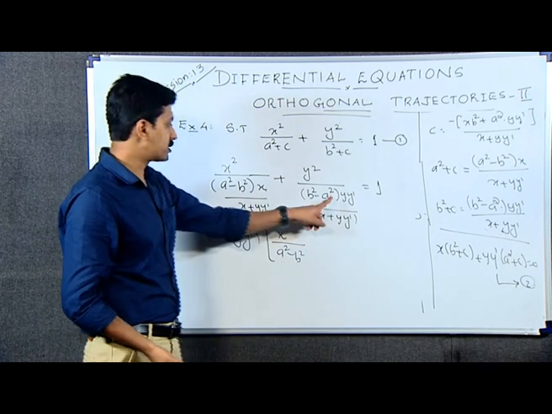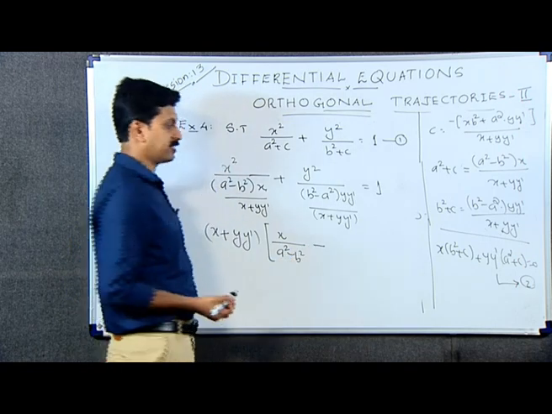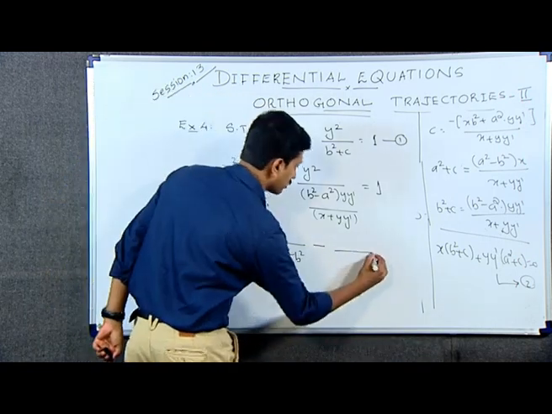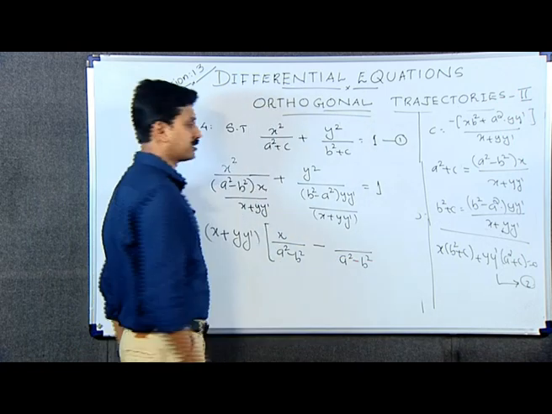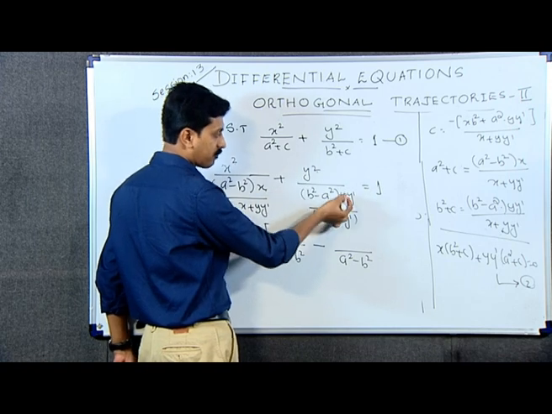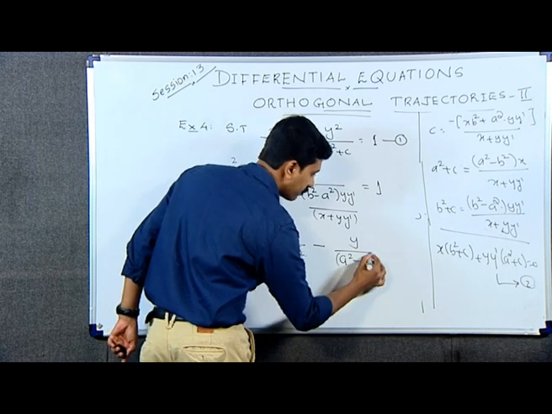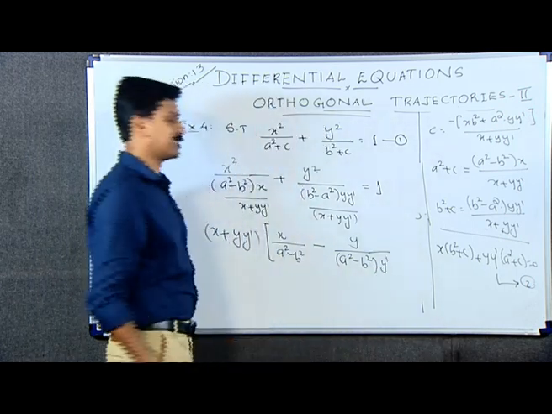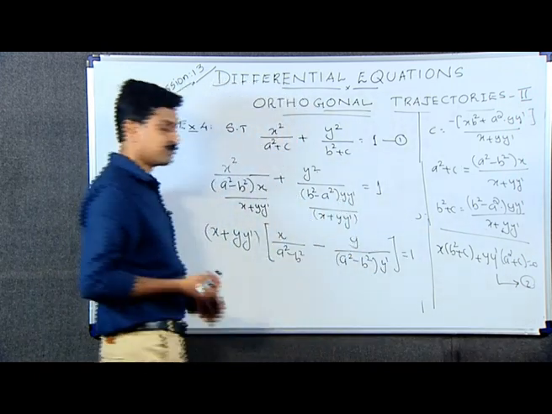I am taking one negative outside, therefore because of the minus, b square minus a square becomes a square minus b square itself. And we can cancel one y and y from here; in the numerator one y is there, in the denominator one y dash is there, equal to 1.